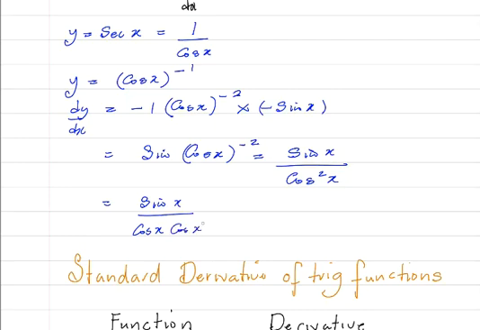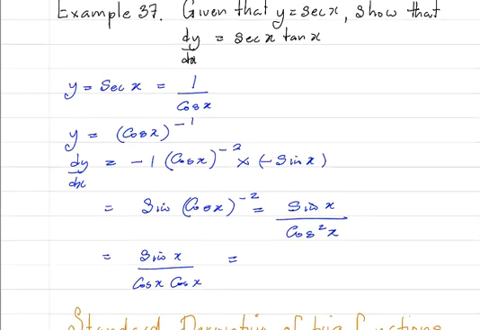Cos squared x is equal to cos x times cos x. Sine over cos is tan, and 1 over cos is equal to sec.